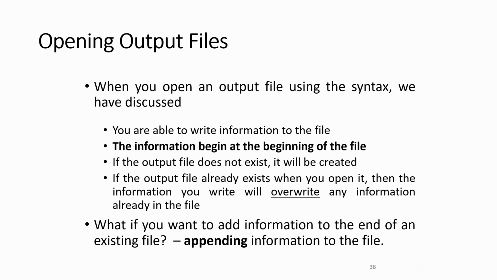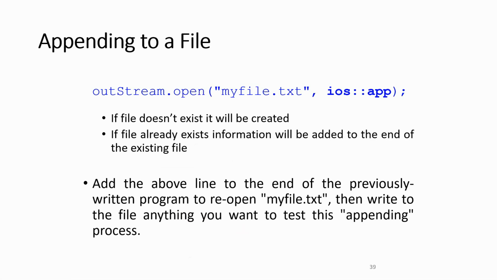This is talking about appending. We already covered that. If you want to add content to the end of your file, you can append it, but know that it is added at the end of the file, not in the middle or the beginning.